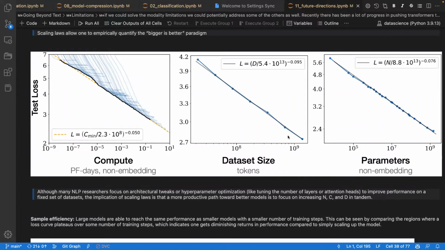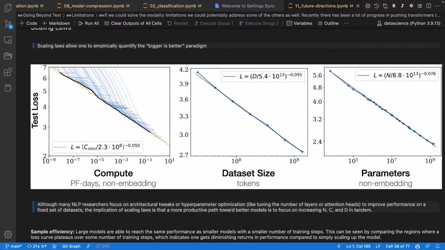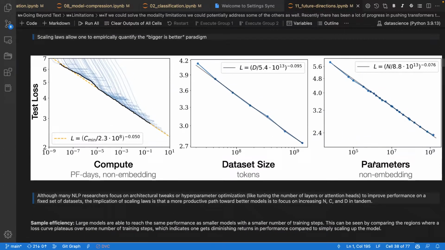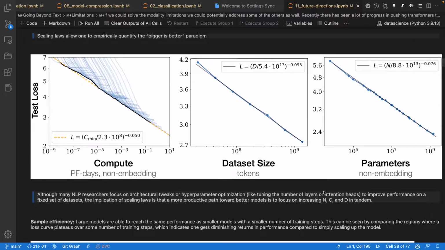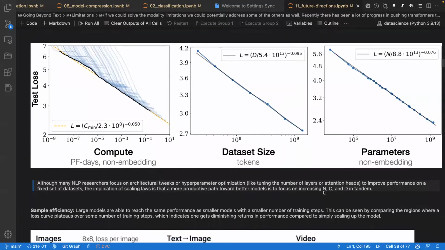But what they suggest is scaling these in tandem, the data set, the parameters and everything, so that it will be better. So that's what they talk about. Anyone want to add something here about the scaling? All right.